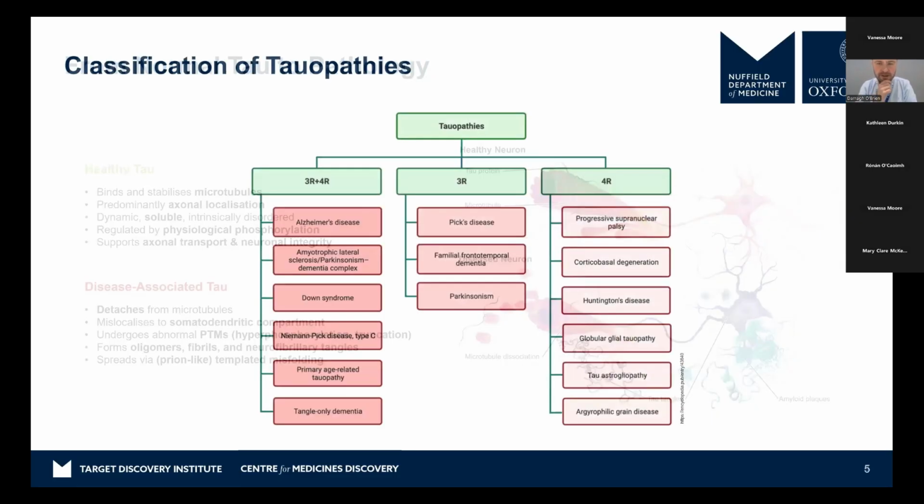Tauopathies are a family of progressive neurodegenerative disorders characterized by abnormal accumulation of tau in the brain, and these lead to cognitive, behavioral, and memory impairments. There are just over 25 distinct tauopathies identified, and these can be broadly classified into primary tauopathies, where tau dysfunction is the primary driver of disease.